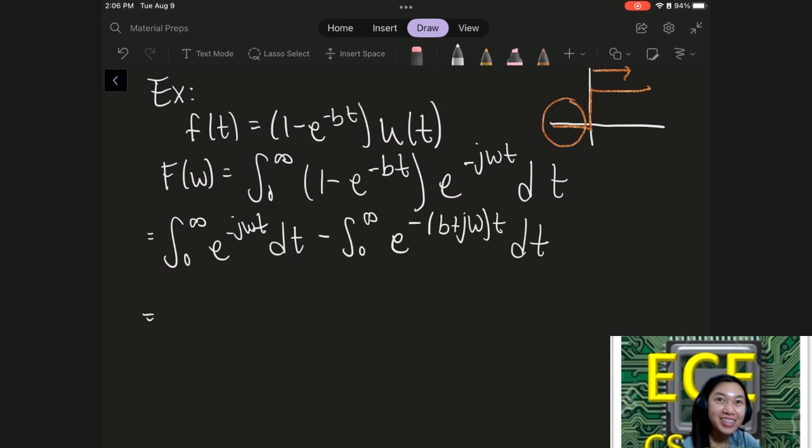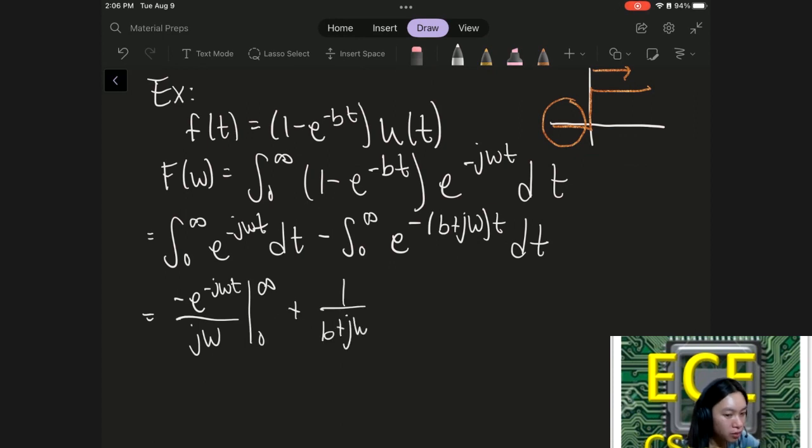Is it going to fit the screen? Yeah, I think I'll make it. Minus e to the minus jwt all over jw from 0 to infinity plus 1 over b plus jw e to the minus (b plus jw) t from 0 to infinity. Oh, there's a t. Okay.